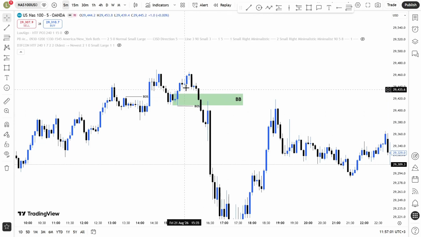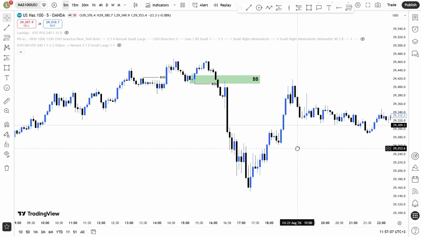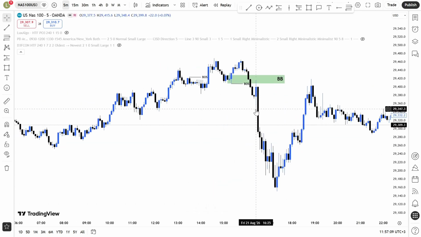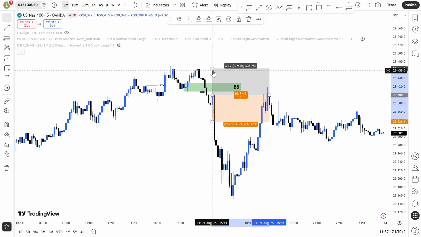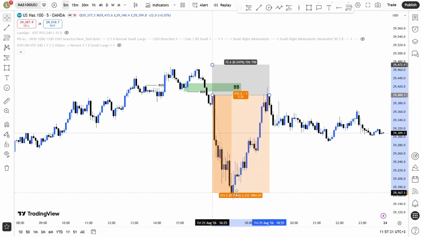So when you broke this market structure, price pulled down. Price comes and retraces back into it, giving us this move here. That dropped down. Short position would be here. So close above, targeting any point here.